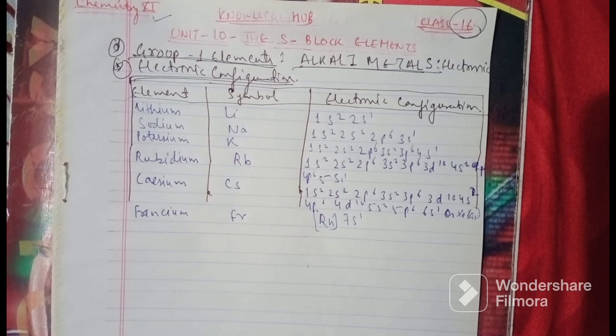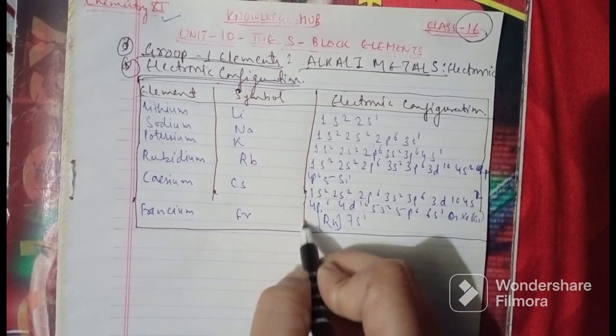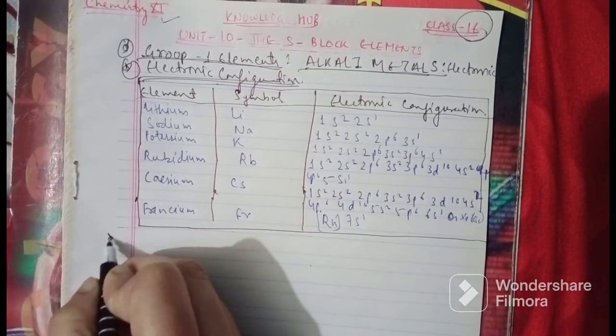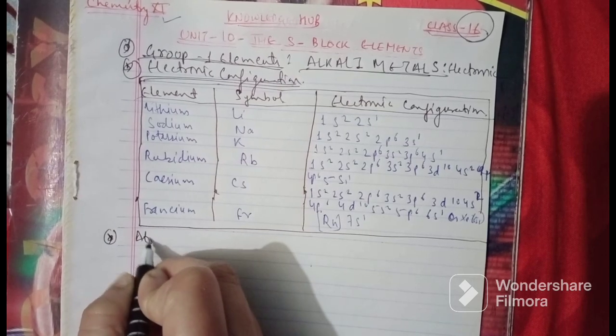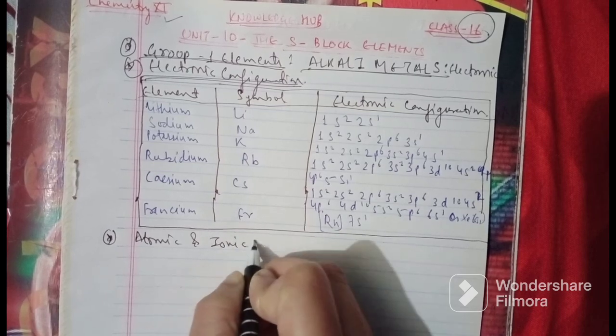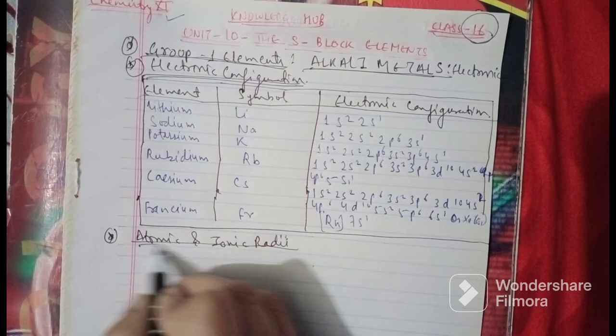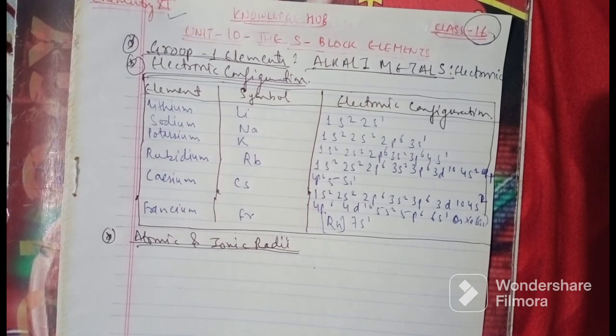Now we talk about the atomic and ionic radii. The alkali metal atoms have the largest sizes in a particular period of the periodic table.